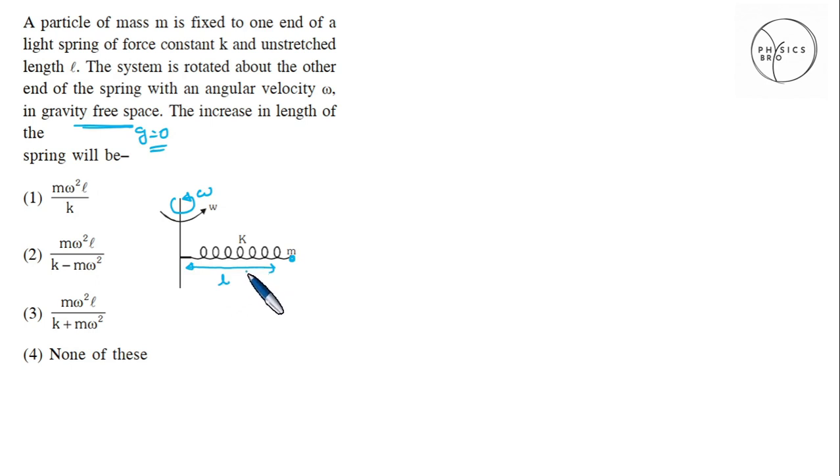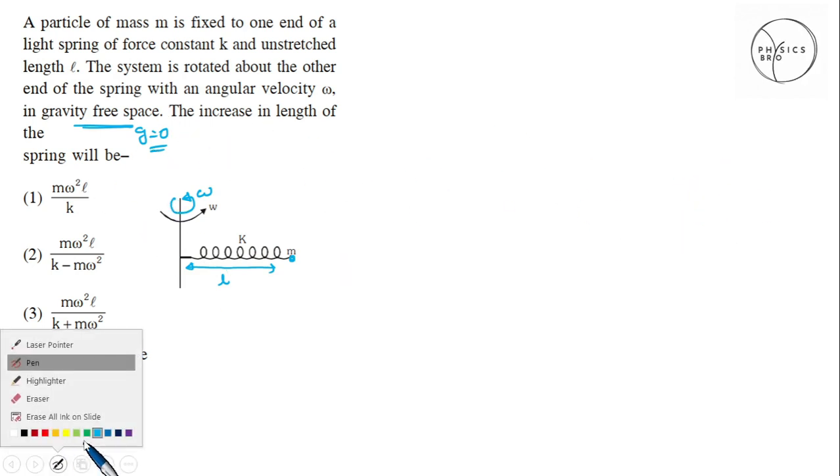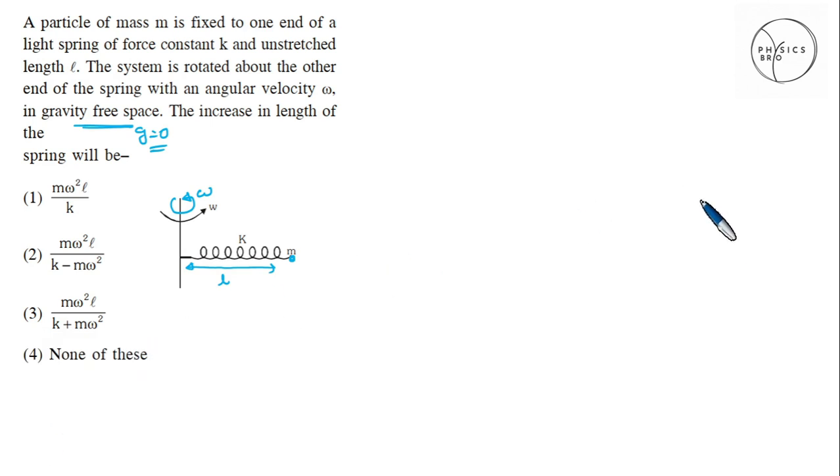At first, we have to understand the idea of whether the spring will rotate or not. When something rotates, there is a rotational thing. If there is a body rotating about some axis, what will happen? There will be two forces. One force will act like this.